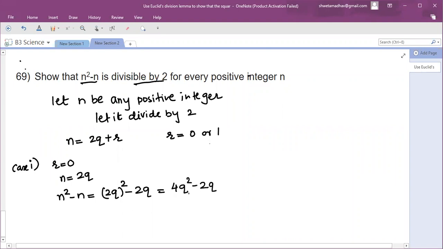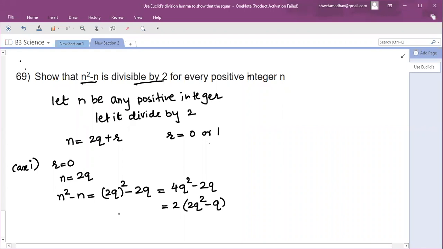We have to check whether this term is divisible by 2 or not. For that, we have to show this term as a multiple of 2. We'll take 2 common: 2 into q square minus q. Can we write it this way? Yes, ma'am.